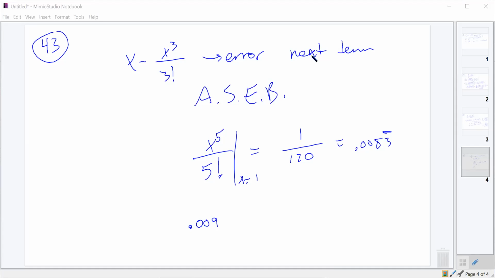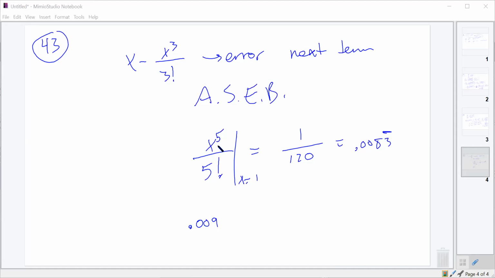Well, okay, so I chose x equals 1 because it says the absolute value of x is less than 1. And so that's telling us that the largest possible value that this could be is at 1.